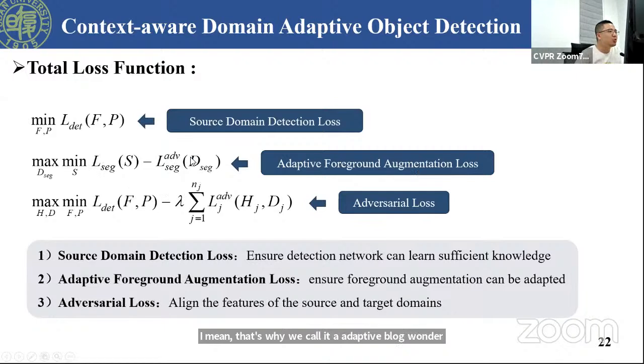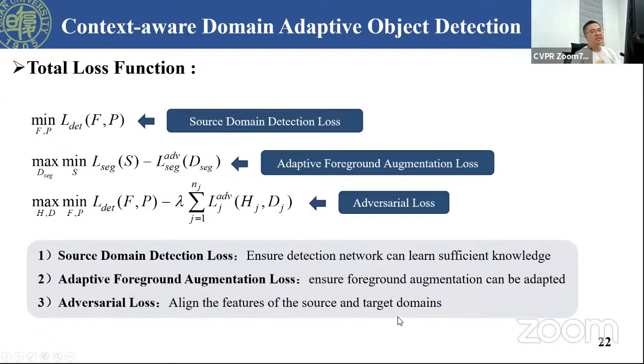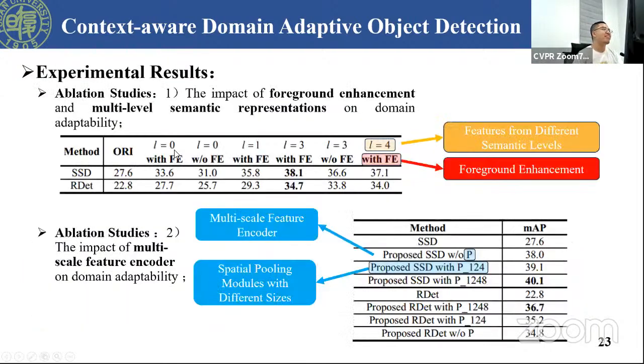This one is used to focus on the foreground discriminative adversarial learning process. And finally is the adversarial loss for the whole image or whole feature map, which is to align the features of the source and target domain at the whole level, the global level.